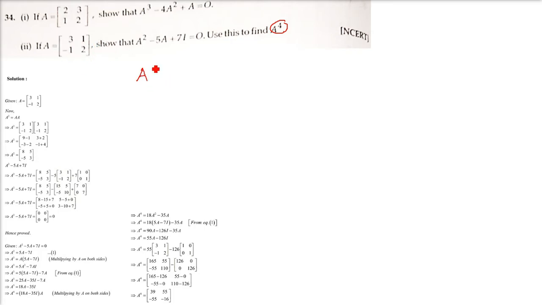So let us see a square. Since a is already given, in order to find a square, this is 3, -1, 1 and 2. This is also 3, -1, 1, 2.